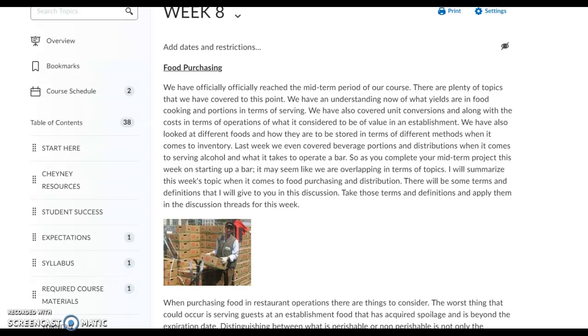But then also, Chapter 8 of your textbook crosses the boundaries of food purchasing. So we're juggling two different topics here as it relates to cost control, and we're going to have to split our time up this week. What I recommend, just some advice I'm giving to the class, is that you may want to work on completing the project first.